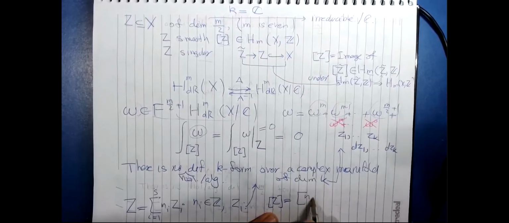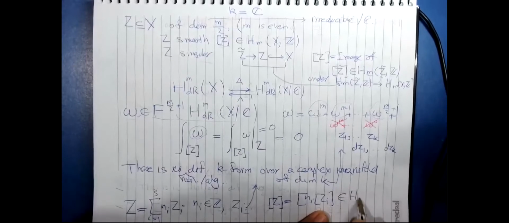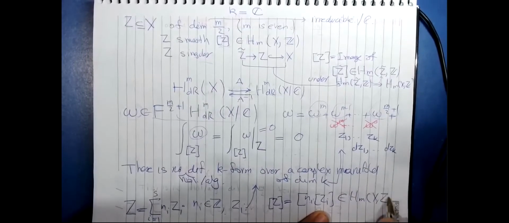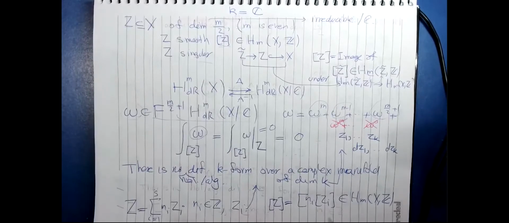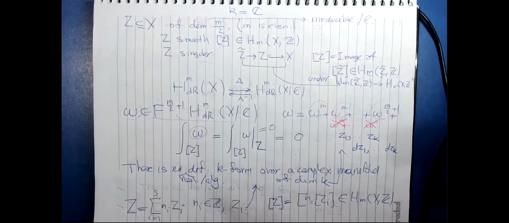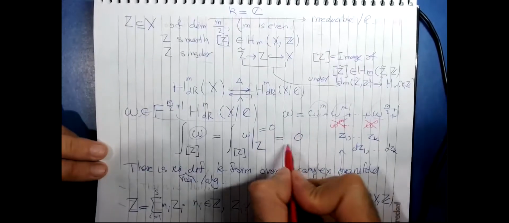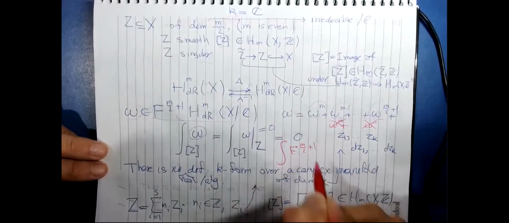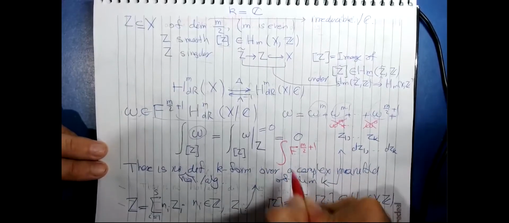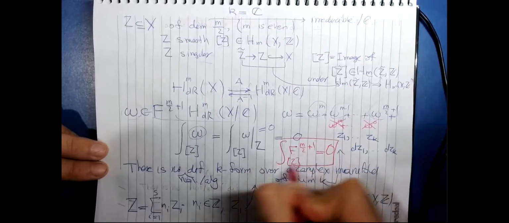This is just the sum of n_i times the class of Z_i. This is in H_m(X, Z), and again what we have shown is that the integration of F^(m/2+1) over this class, by linearity, is 0.